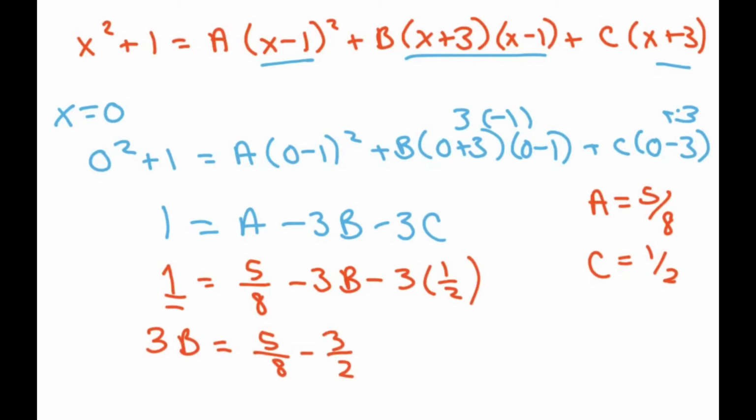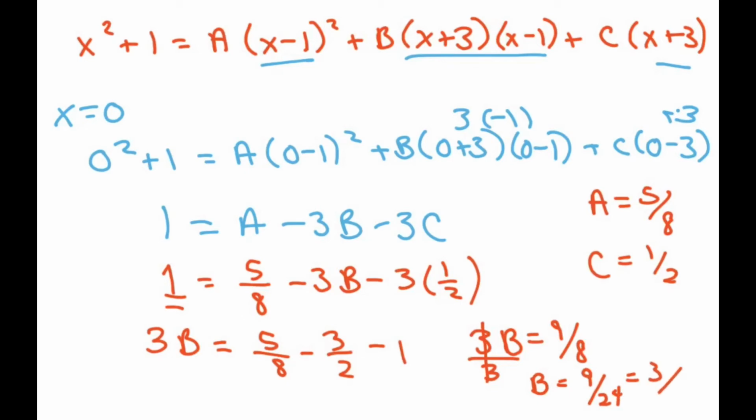I'm going to go ahead and subtract the 1 minus 1. And that's going to give you 3B equals 9/8. Divide both sides by 3. So if you divide everything by 3, or multiply each side by 1/3, you're going to get B equals 9/24, which equals 3/8. Whoops. So I'm getting too close to the bottom here. So 3/8 is your B.